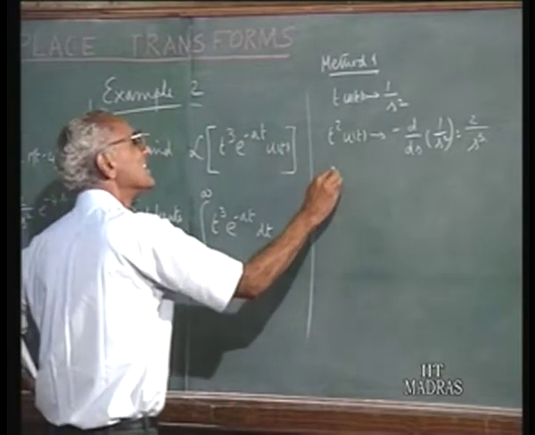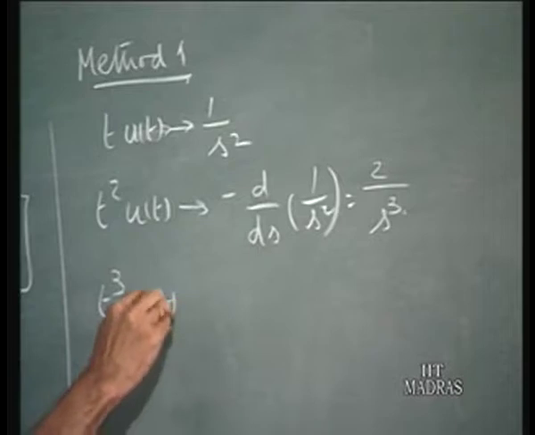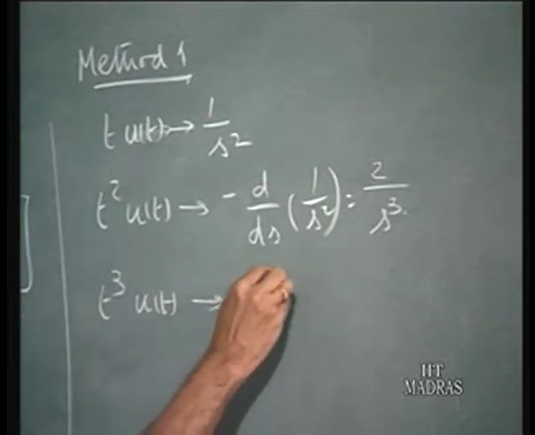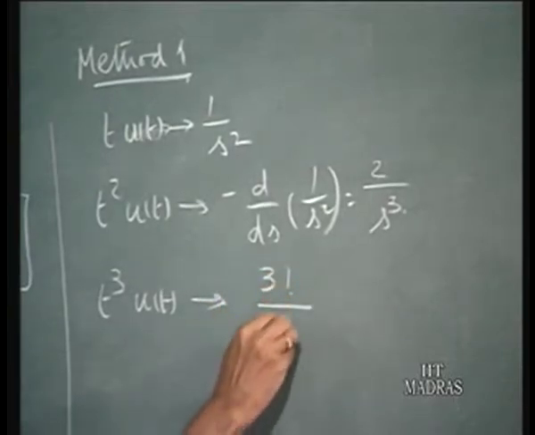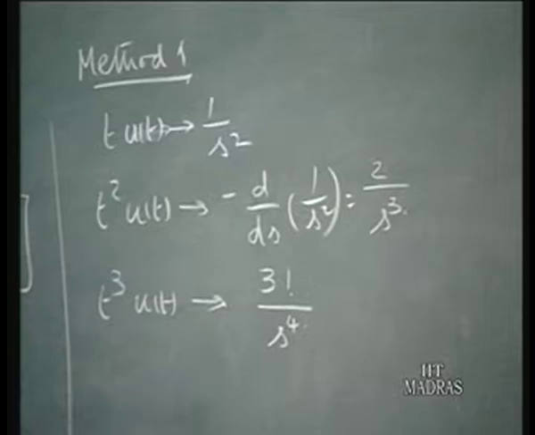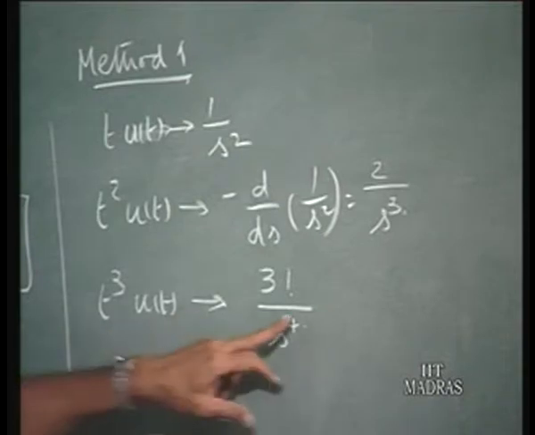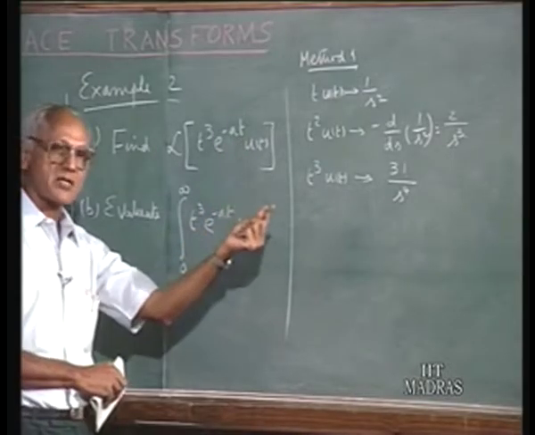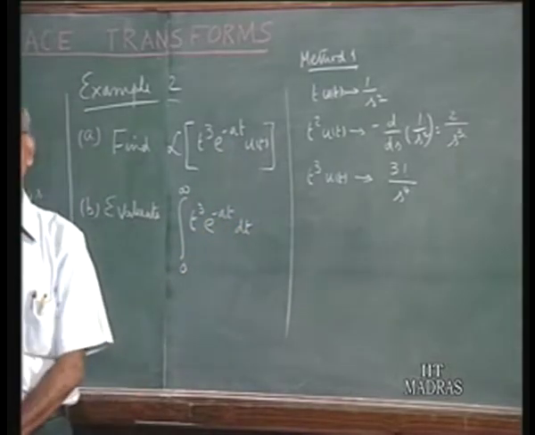Then likewise you can carry this one more step. T cubed u(t) will be, you once again have to take the derivative of this. This will become 3 factorial by s to the power of 4. That is t cubed u(t). But now if f of t has a Laplace transform f of s, f of t multiplied by e to the power of minus at has the Laplace transform obtained by substituting s plus a for s.